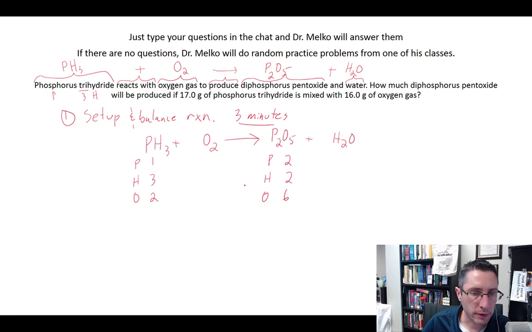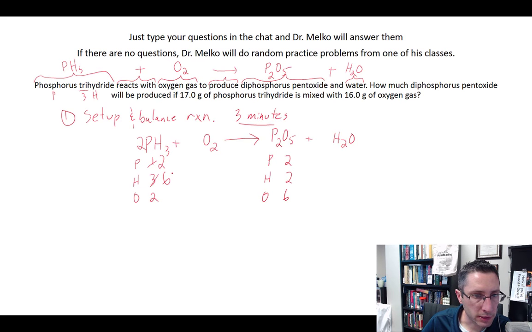I like to start with the largest sort of discrepancy here, or oxygen. Although that's by itself, so I suppose I should wait on that. Thinking about the most complicated, I guess, is phosphorus, since it's combined with hydrogen on the left and oxygen on the right. Let's start and try to balance that. So to bring up phosphorus on the left, I'll need a 2 out in front of PH3.